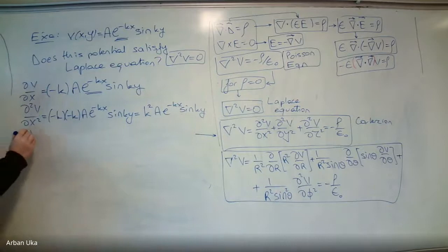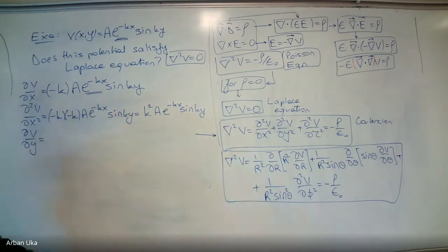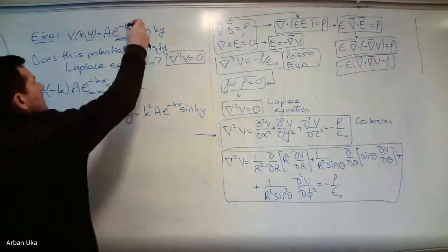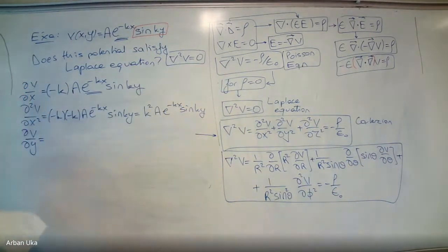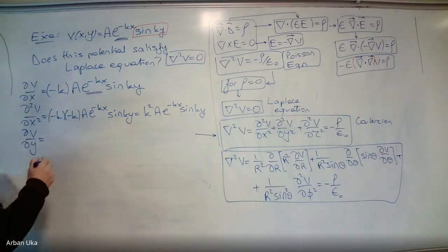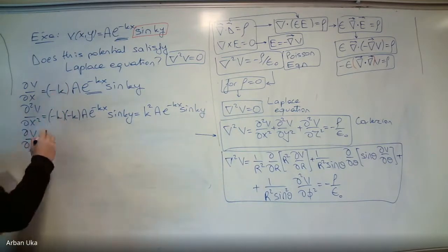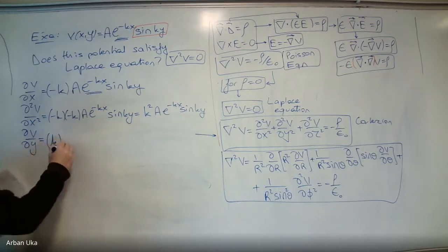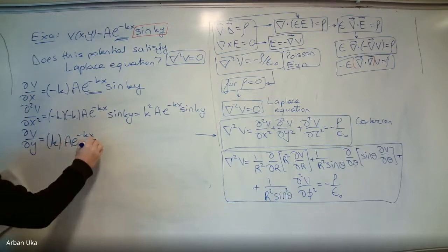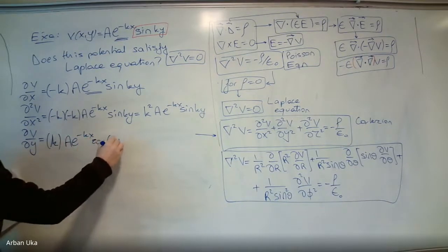Okay, we got this. Then we have to find the derivative of potential with respect to y. Y appears only in this other term here, and we know that whenever we take the derivative of sine ky, we are going to get cosine ky, but with a k at the front. So the first derivative is equal to k times A e to the power minus kx cosine ky.